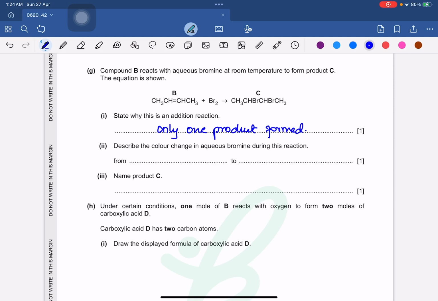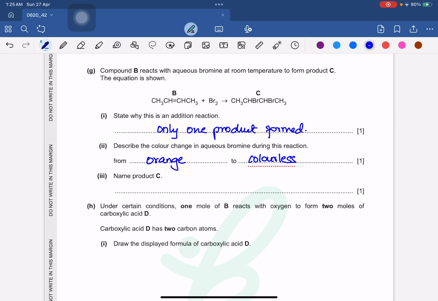Next, describe the color change in aqueous bromine during this reaction. Now if you remember, this is also the test for unsaturation, that is the test for finding whether the compound has a double bond or not, in which we use bromine water, and the color of bromine water changes from orange to colorless when there is unsaturation present.